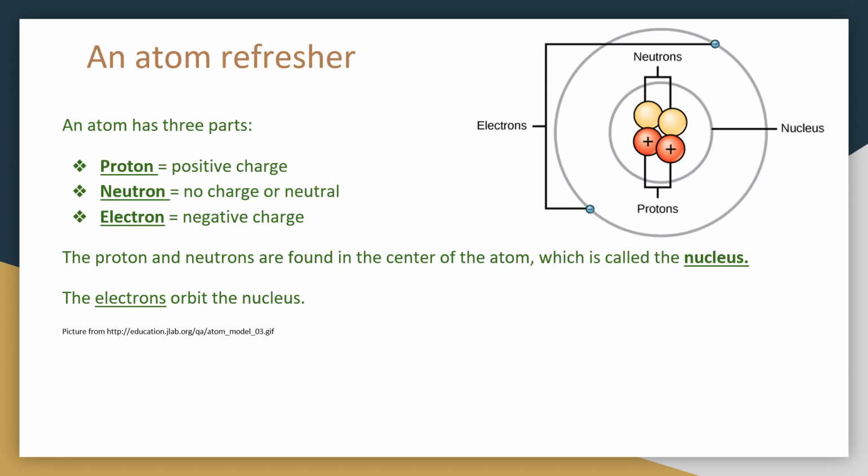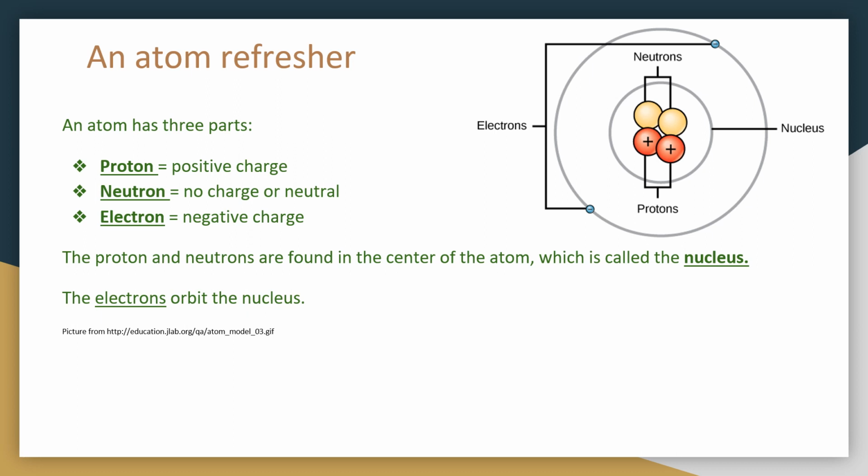So when we look at an atom, we remember from way back when, the proton is the positive part, neutron is always neutral or no charge, and electron is your negative charge. So there are three parts of an atom: protons, neutrons, and electrons.